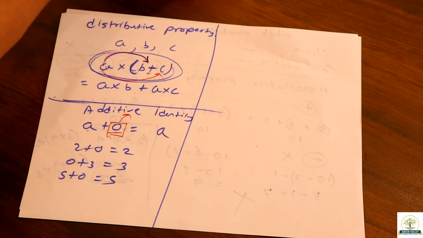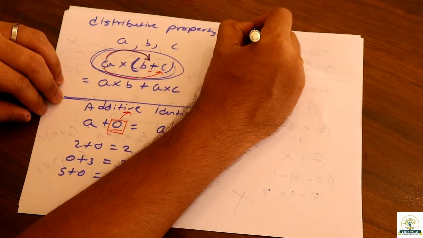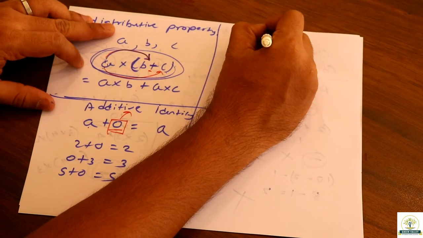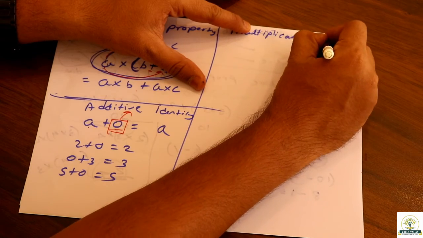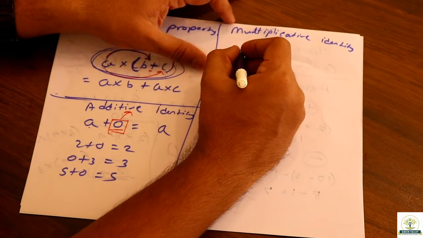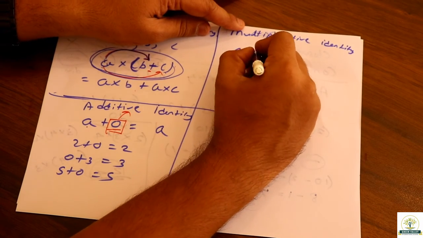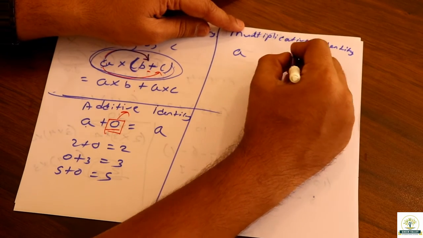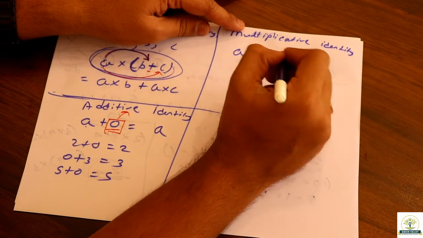Then there comes a multiplicative identity. Which number, when multiplied with A, gives me the answer as A? So there is only one number, which is 1.